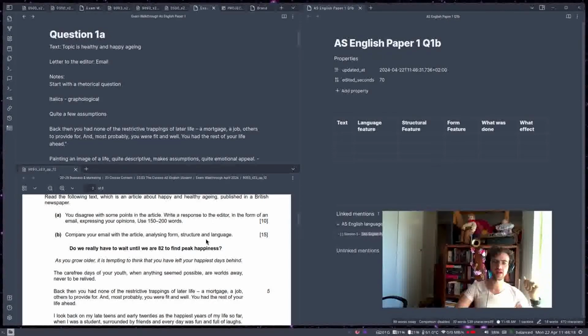So are we going to say, okay, well, words are a language feature. The article uses the word the 33 times. The letter to the editor uses the word the 13 times.